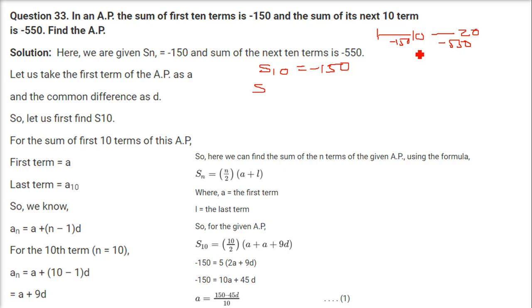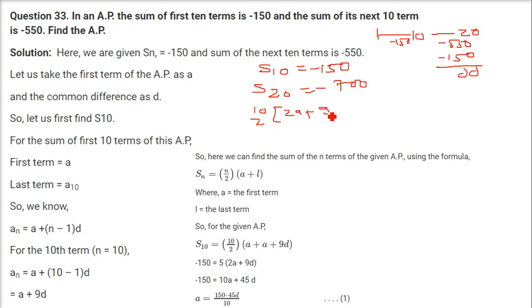So you can say S10 is minus 150 and S20 is minus 550 plus minus 150, which is minus 700. You can just use this expression and try to solve for a and d. That is, S10 will be 10 by 2.